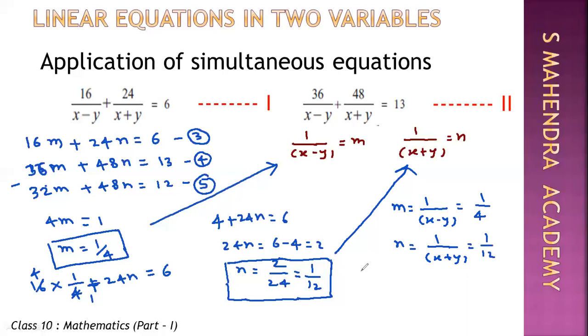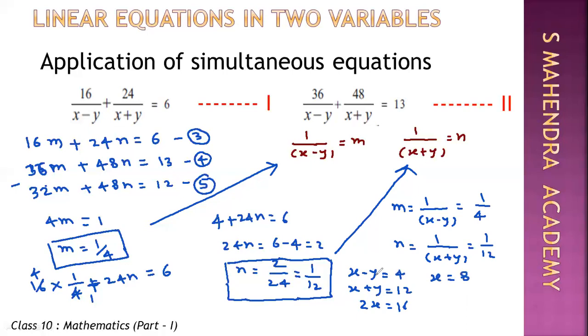So the value of x minus y will be 4, and x plus y will be 12. So by adding these equations, we will get the value as 2x is equal to 16 and x is equal to 8.